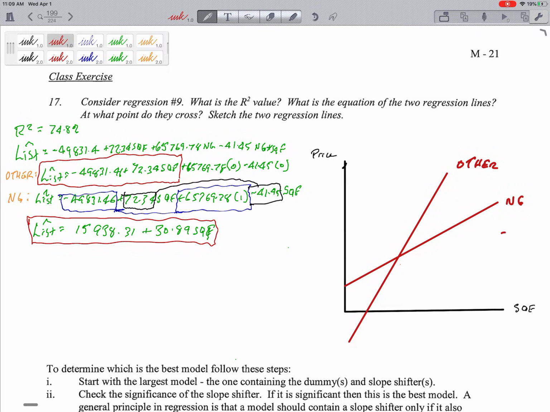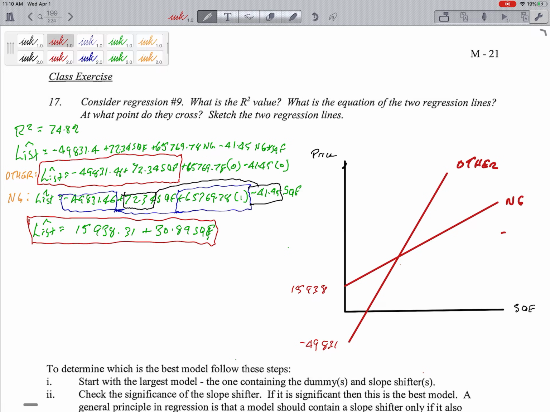For the NG line, we had an intercept of 15,938, and for the other, minus 49,831.